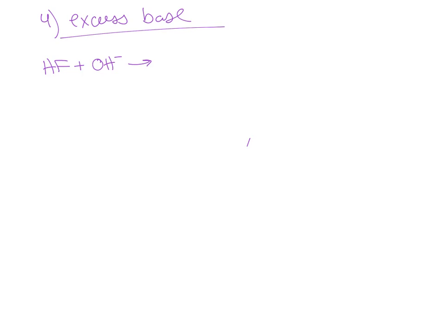All right? The last thing that you need to do is the excess base section. Okay? So this is region 4, excess base. Again, start with the same reaction. This is the reaction that we're running, and it forms F minus and H2O. And I know I switched those around, I'm sorry.